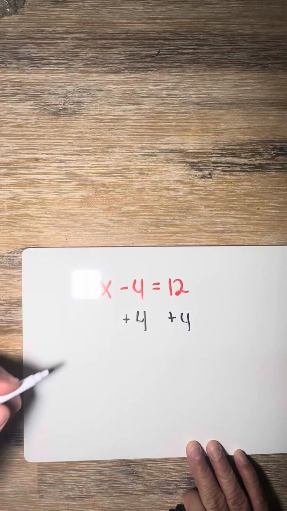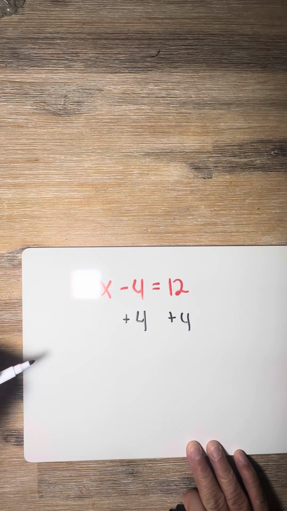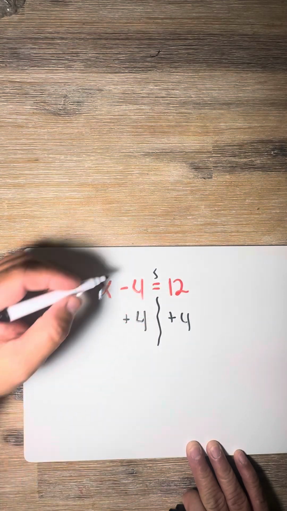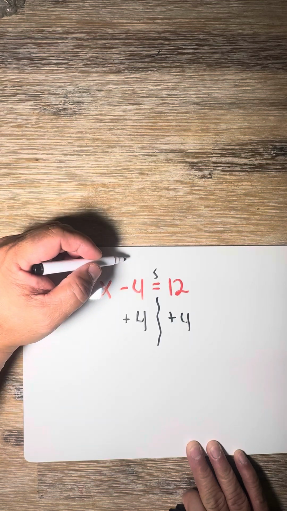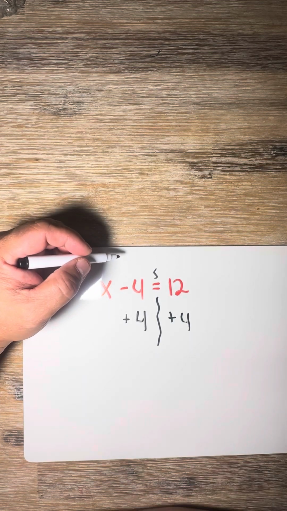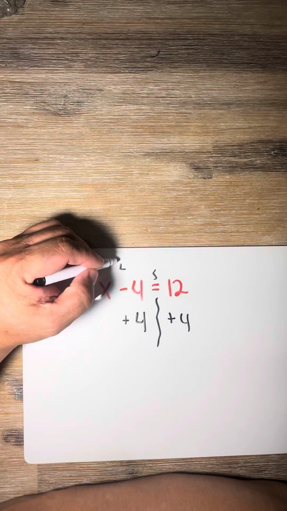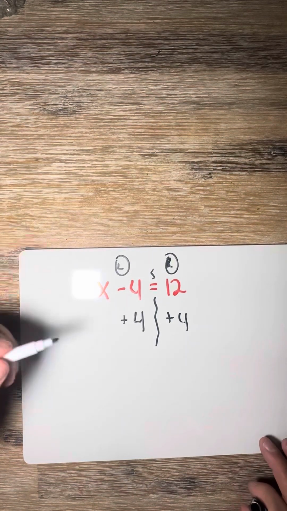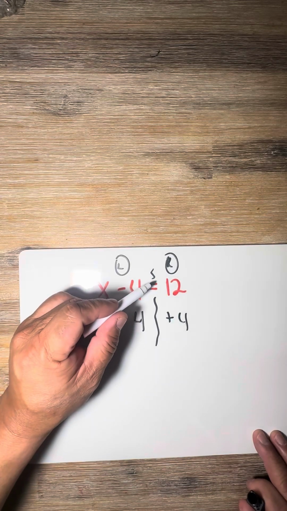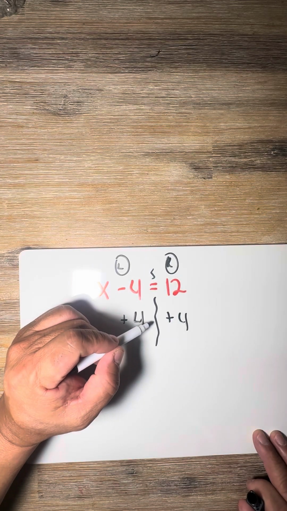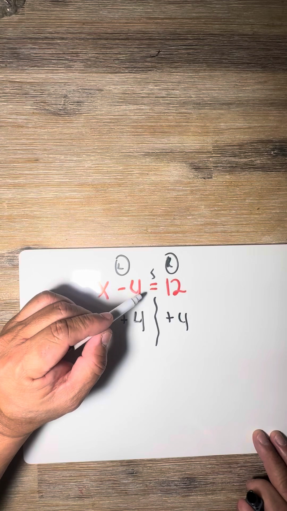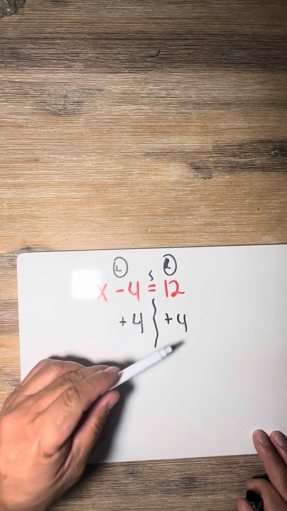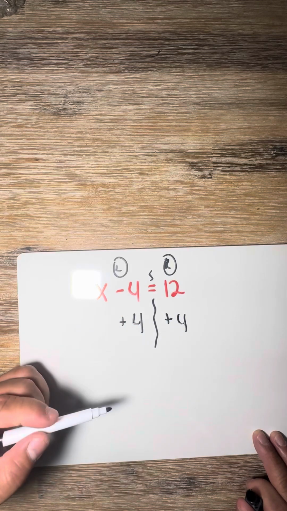Now, when we say both sides, my suggestion for every parent and every student out there is to actually divide, or cut in half, your equation from its two sides, okay? And the way we cut it in half is we just simply draw a line that cuts across the equal sign, okay? So this entire thing here is your left side. This entire thing here is your right side, all right?